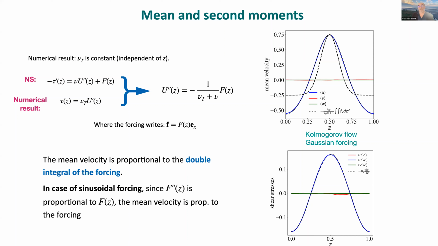And we see that the second derivative of the velocity is proportional to the forcing. The forcing f of z, we recall, is the one which is given here. This was not found before, in fact, because for the sinusoidal case, the second derivative is proportional to itself, so it's a special case. But for the general situation, it's what we checked here for the Gaussian forcing in this graph. We did the twice integral of the forcing, and we obtain something which is completely superposed with the mean velocity.